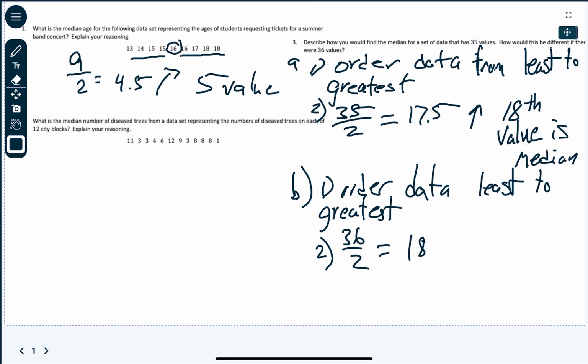So then we're going to take the 18th and 19th value, and we're going to find the mean. Well, how do you find the mean? You would take the 18th value, add it to the 19th value, and divide by 2. And that is your median for that. Okay?